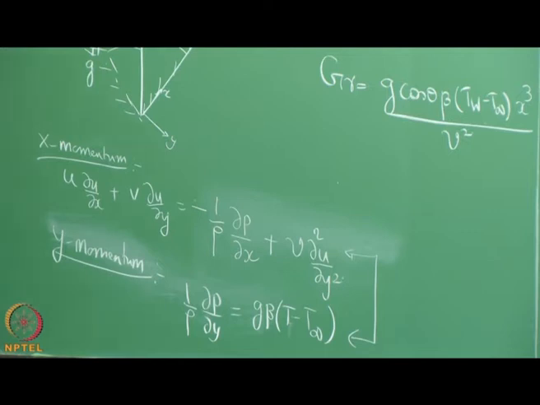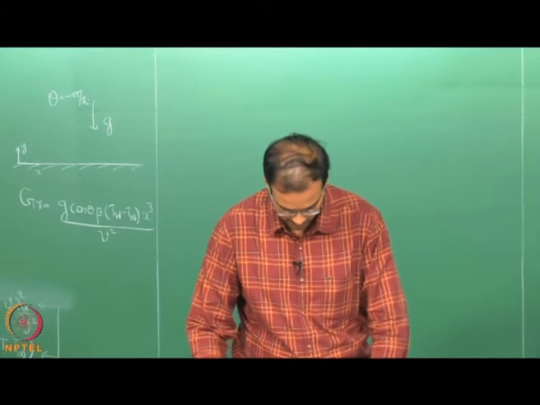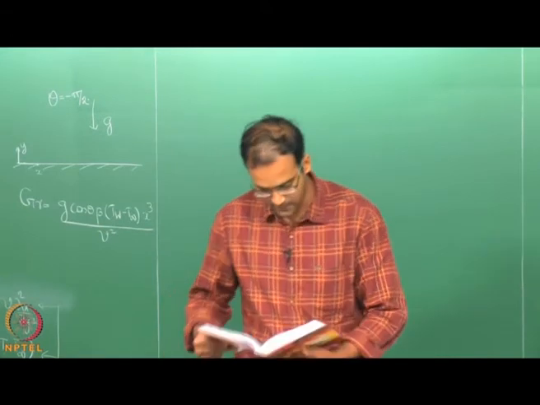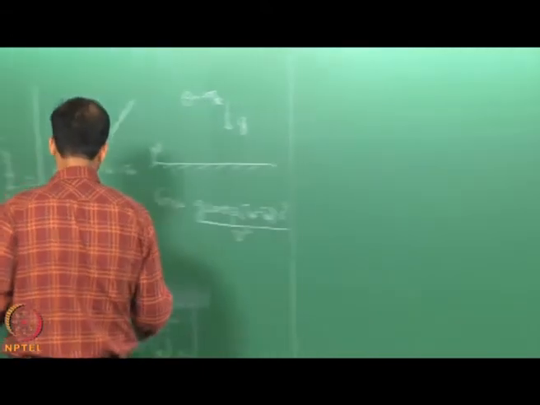Okay. So, for this also we can find some similarity solutions, which I am not going to go through in detail, but I will only give you the final expression for the Nusselt number.